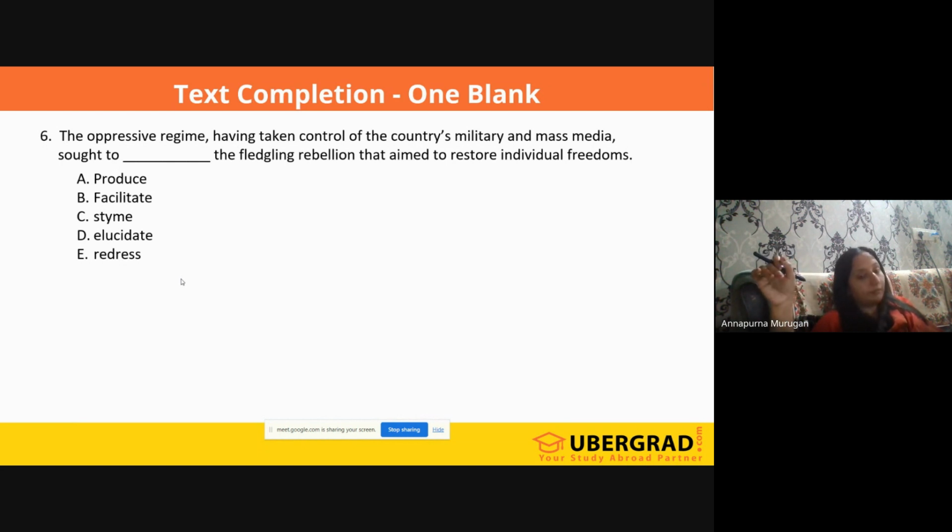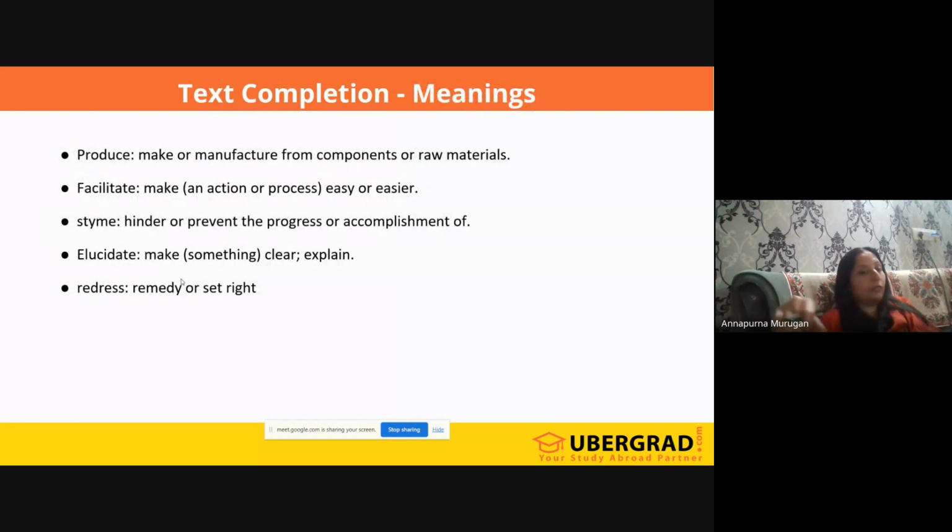Now, for those who are confused, produce is what? Manufacture. They are not manufacturing. They want to either control or defeat them. So therefore, produce cannot be.